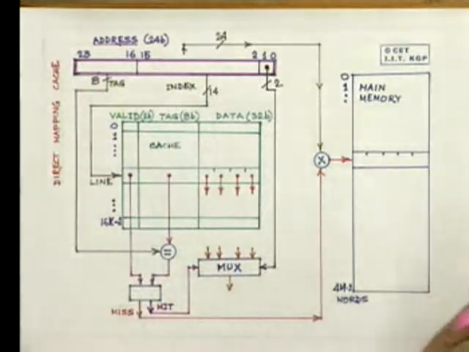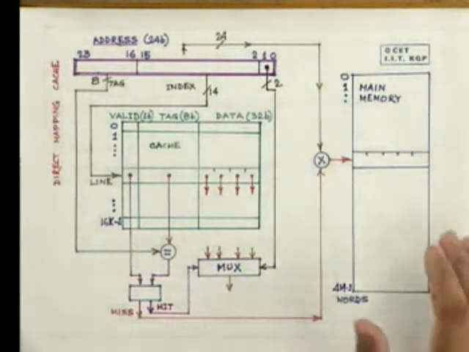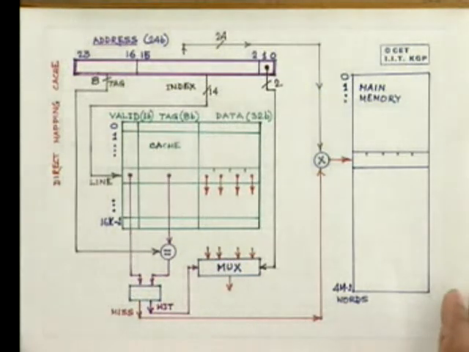We have just explained one direct mapping cache, and with the direct mapping cache memory, we are getting a simple and inexpensive mapping from the main memory into the cache memory, but there is some disadvantage: since the blocks are mapped into fixed cache locations, the hit ratio, depending upon the situation, may fall down. Therefore, we'll see in the next lecture how this can be improved, that is, how we can have a different kind of mapping where this situation may improve.